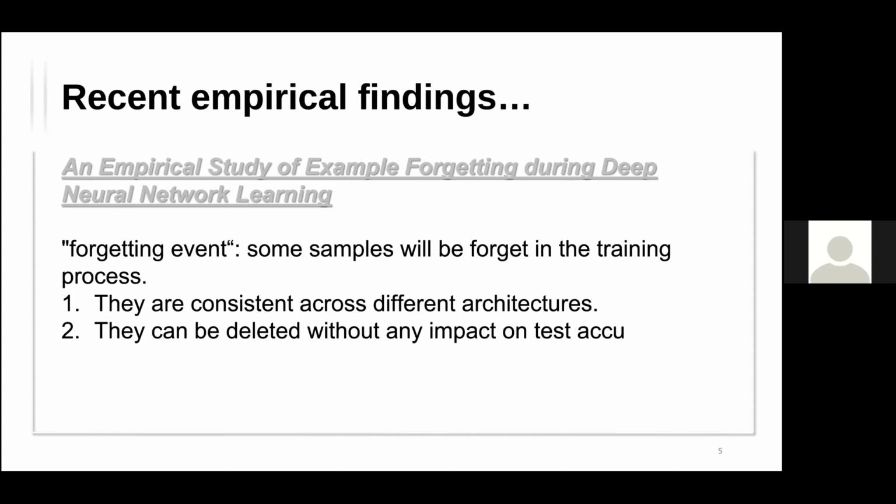They also did another experiment by deleting them and retraining the model, and they found that there's, I wouldn't say without any impact on the test accuracy, but it only sacrifices a little. So it's more like they're irrelevant, ignorable samples, or those samples have very small Shapley value, so we can interpret it like this, right?